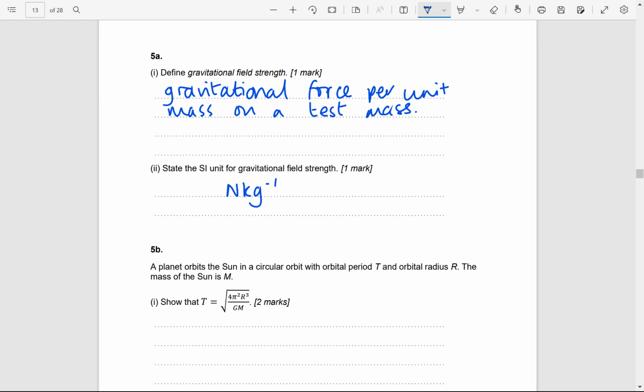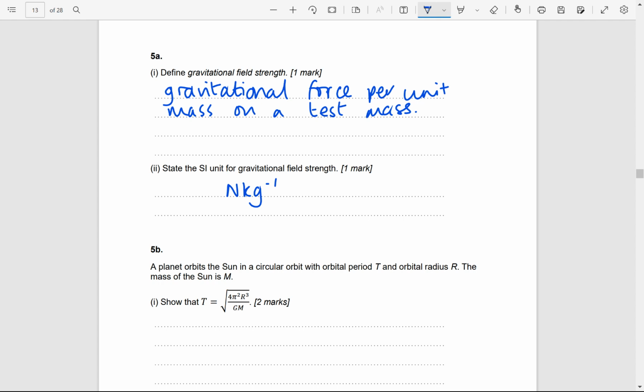Hopefully you are screaming that through YouTube at me right now. I know that, but the SI unit for gravitational field strength is in fact newtons per kilogram. It's a weird one. That's just how it is. It's not a base unit, but it is the standard unit for gravitational field strength.